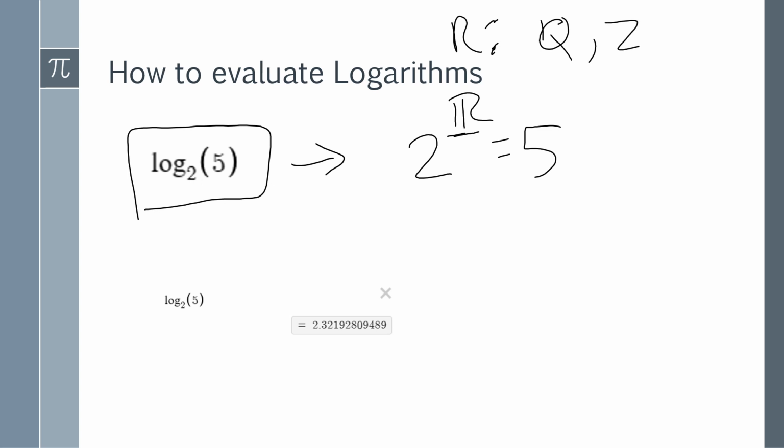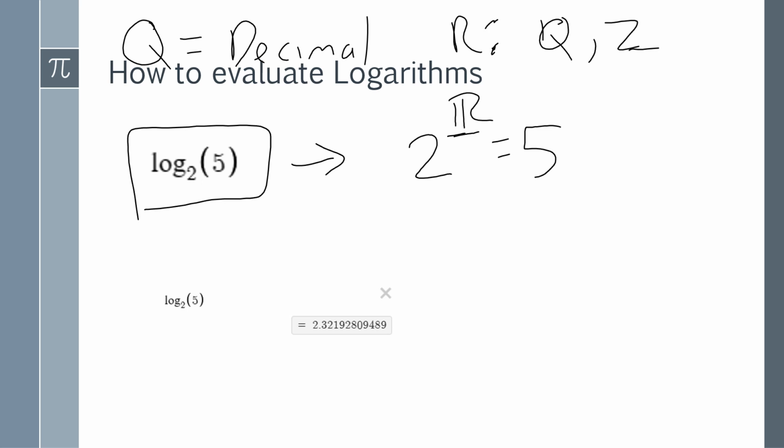It could be integers too. And again, a rational number is equal to a decimal also. Remember, all fractions can be written as decimals.